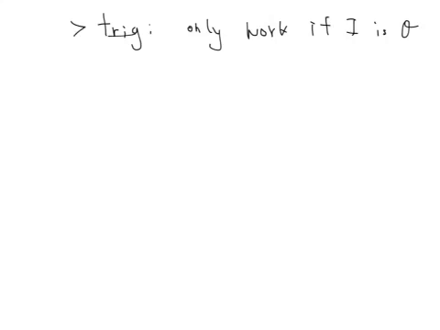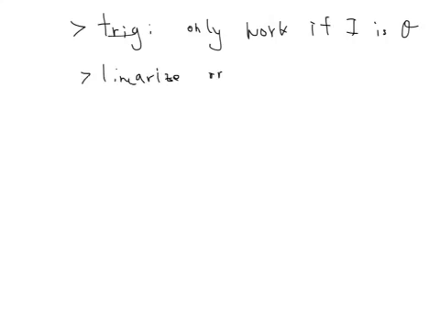Okay. Now here's the thing about using trig functions and guessing trig functions. They typically, not always, but typically they only work if your independent variable is an angle. If your independent variable isn't an angle, you probably don't want to start out by looking for trig functions. Instead, what you might consider is this.